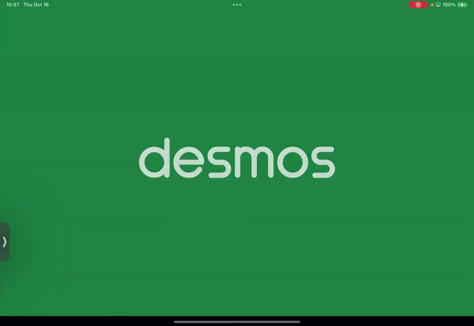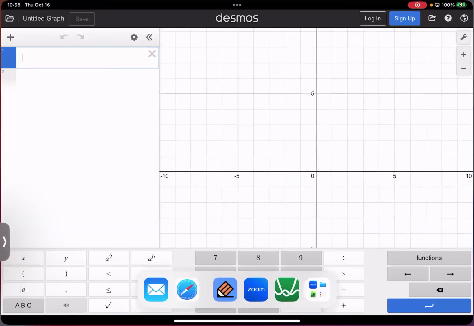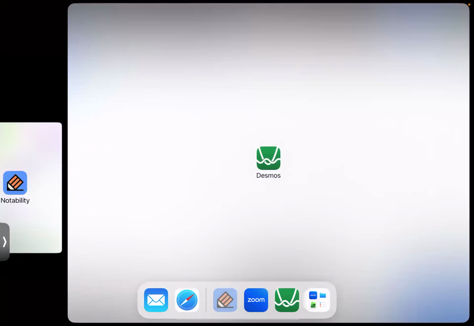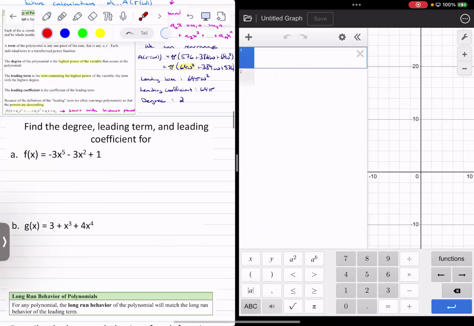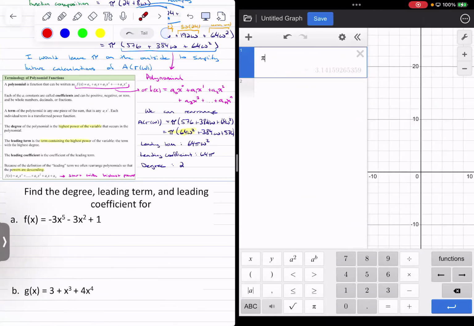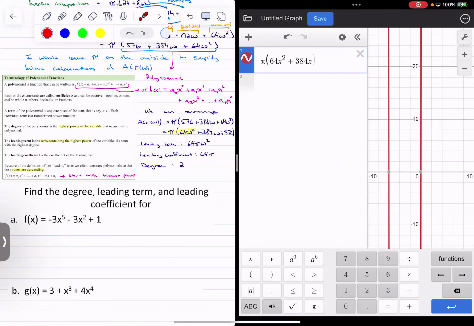In fact, let's do it. Can I pull it up? Will Desmos be happy today? I don't know. Pi times 64, I'll use x because I don't have a w, right? But it'll be on the x-axis. 64x squared plus 384x plus 576, end bracket.